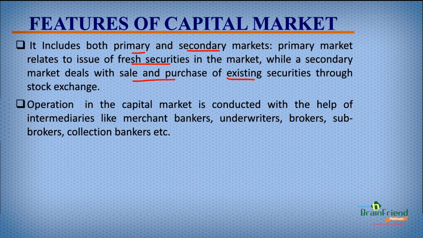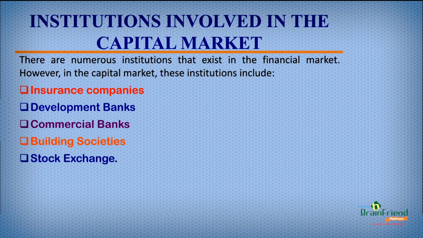And the last feature of the capital market for this class is that operation in the capital market is conducted with the help of intermediaries such as the merchant bankers, underwriters, brokers and sub-brokers, and collection bankers.